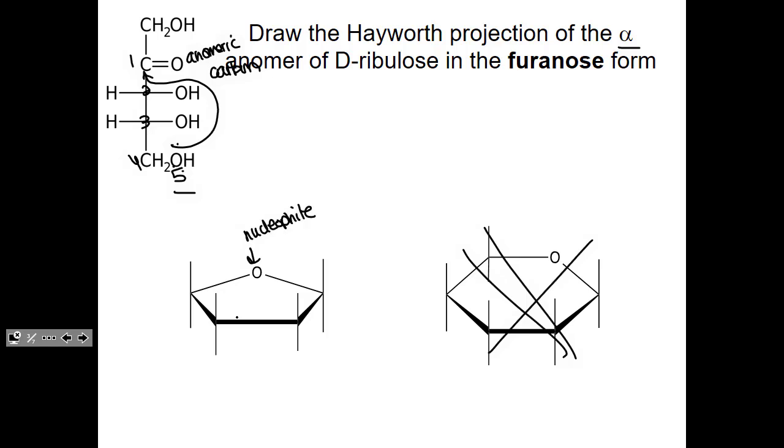So now we must look at the next stereogenic center, carbon 1, 2, 3, 4. This is the next stereogenic carbon center that's going to dictate alpha versus beta.